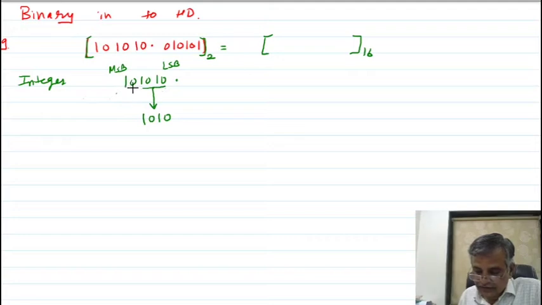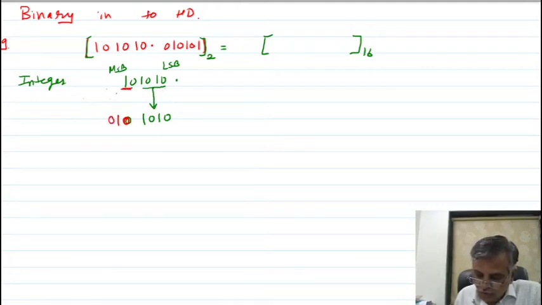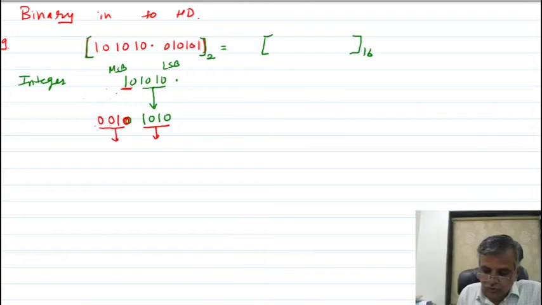Now, as you proceed further, you are left with only these 2. So you can see here, only you are in a 2 digit. So you add 2 zeros to the left hand side and complete the 4-bit group. So this I have prepared in this way.